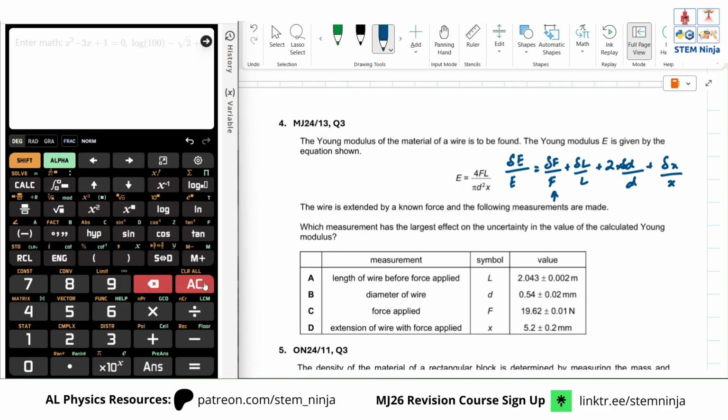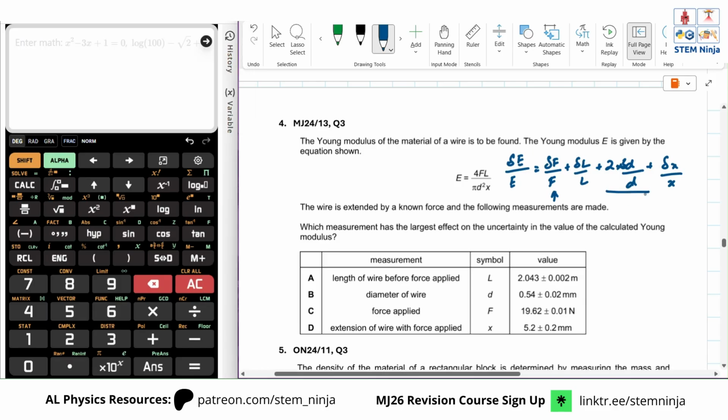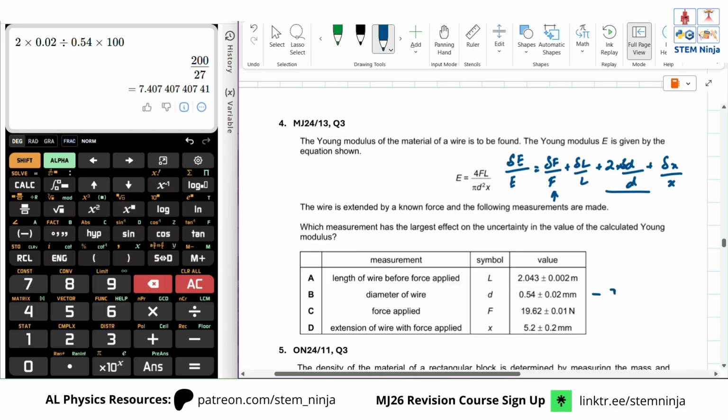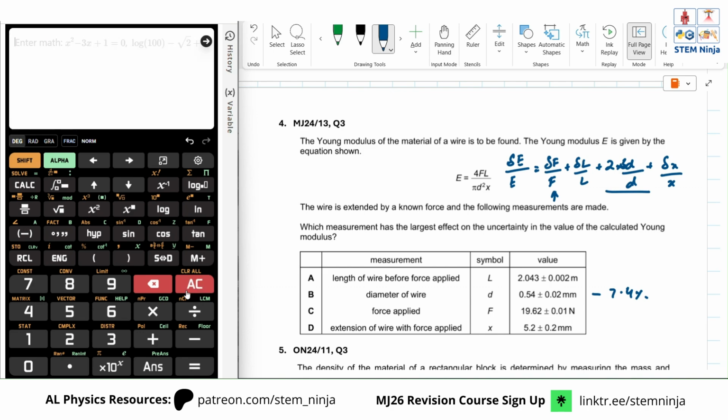Since this is multiplied by 2, you have to remember 2 times 0.02 divided by 0.54, which would cause 7.4%.